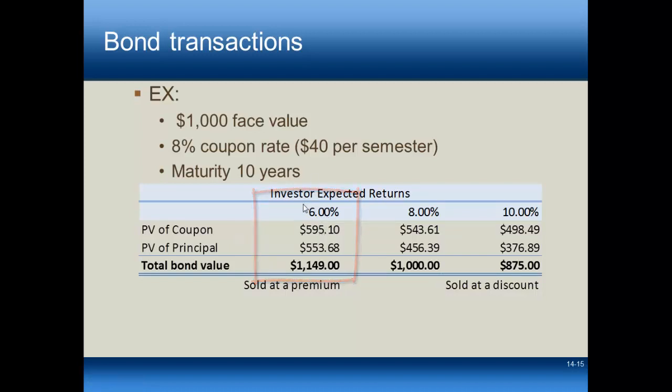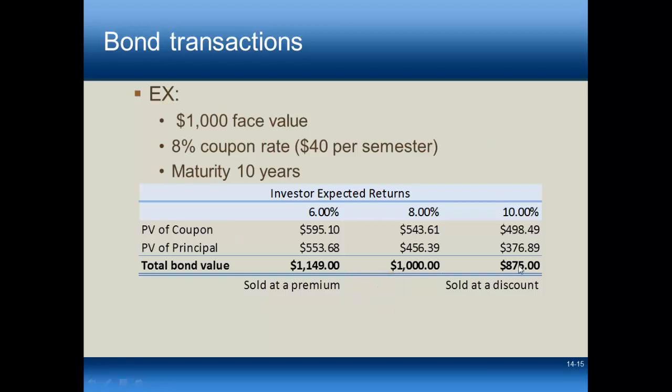So we're going to discount the payment and the balloon at a rate of 6%, and we'll come up to a value of $1,149. This is being sold at a premium. In other words, your investor will be losing $149. He knows that. There is a capital loss of $149 already programmed inside of the bond value, because when he gets to the maturity date, he's going to get $1,000.